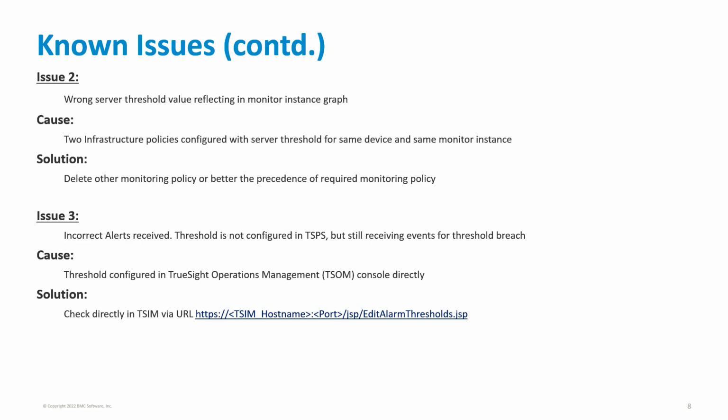The third known issue is where no global threshold or server thresholds have been configured for a specific monitor instance in TSPS, but still incorrect alerts of threshold breach are received for that specific instance. This usually occurs if the threshold has been configured directly in the TSIM using the old Flash-based TSOM web console, specifically in TSOM versions 11.303 and older.